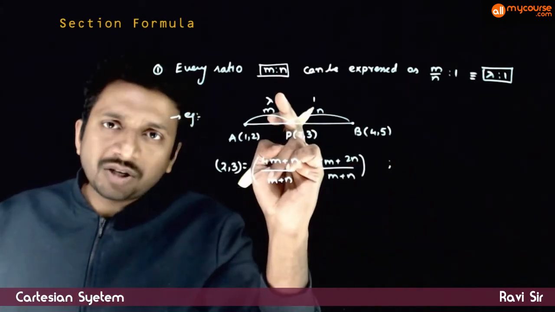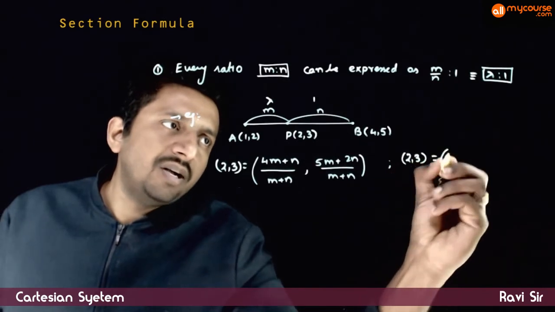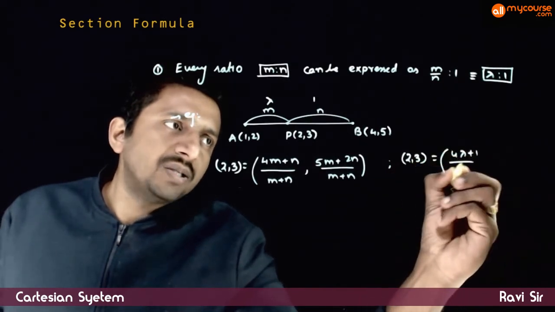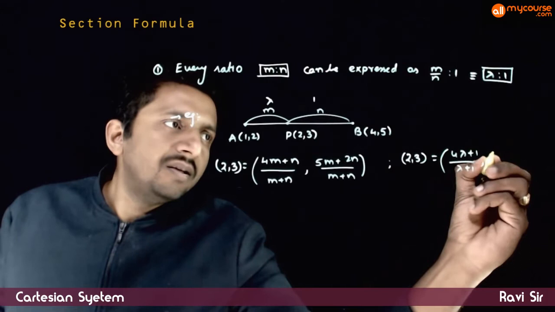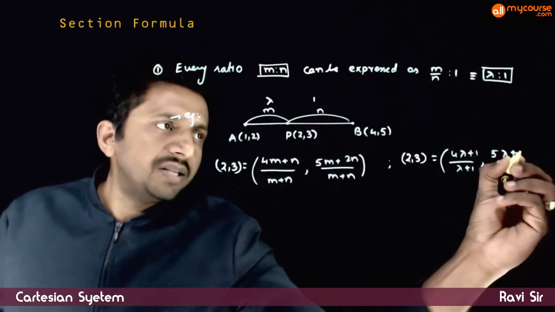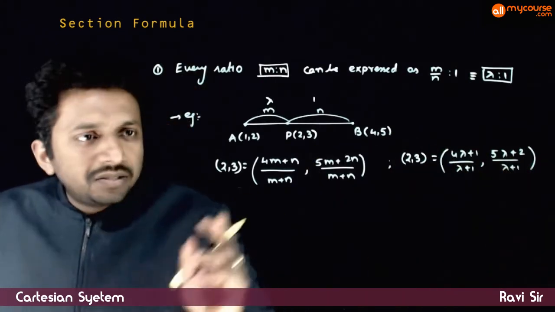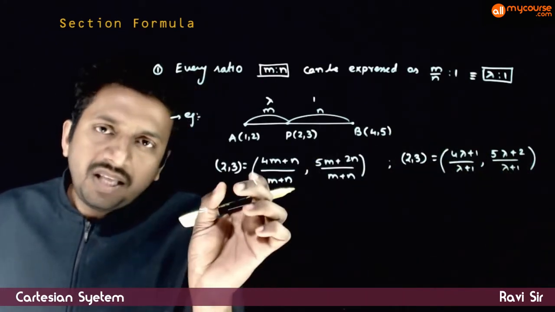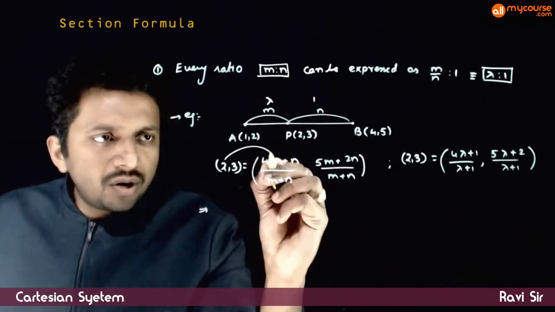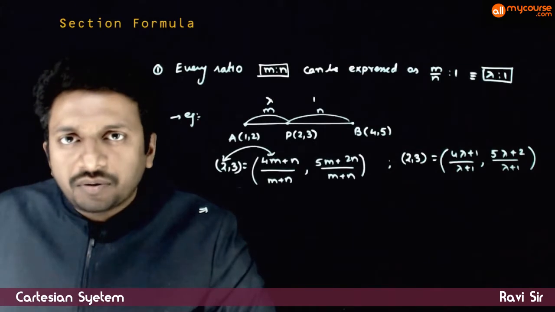If you assume that the ratio is lambda is to 1, then (2, 3) will be equal to ((4 lambda plus 1) by (lambda plus 1), (5 lambda plus 2) by (lambda plus 1)). So here, if these two ordered pairs are equal, x coordinate has to be equal to x coordinate, y coordinate has to be equal to y coordinate.